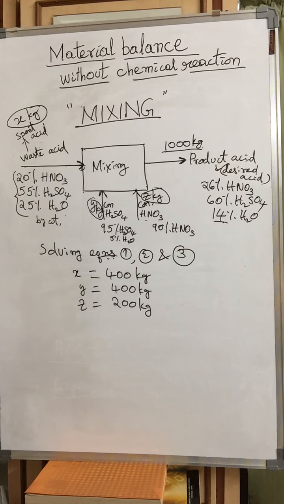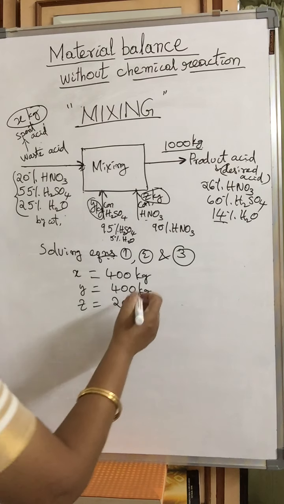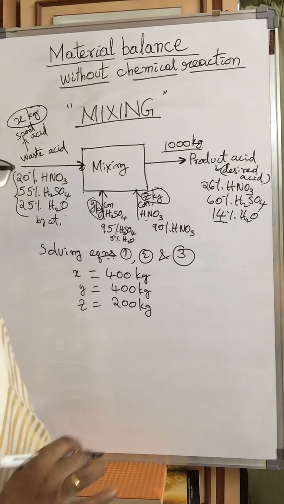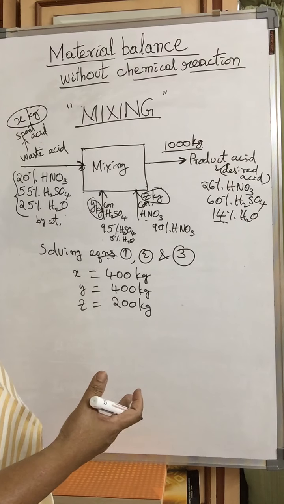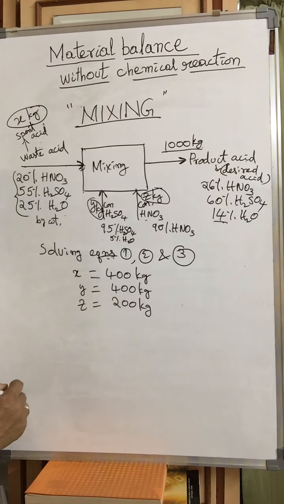Then we want to check whether our answer is correct or not. Z is 200, X and Y are 400. What will we do? We write the material balance for the component water.